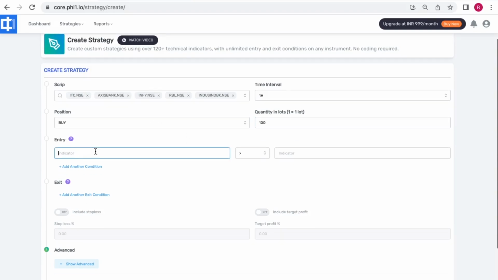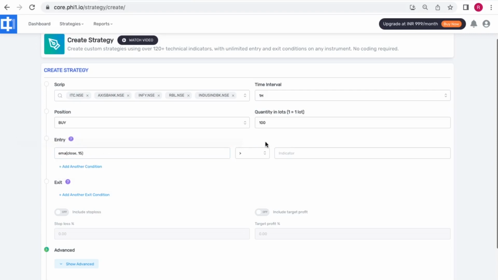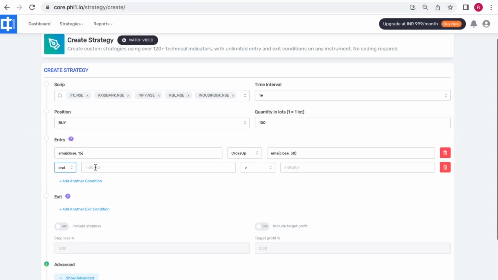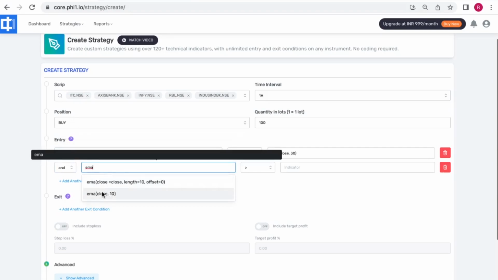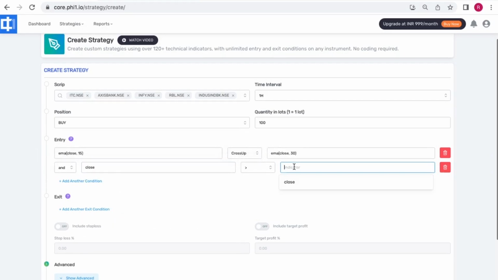Our entry condition is the EMA bullish cross, which is the short term, that is the 15 period EMA, crosses above the 30 period EMA and confirmed by the closing price being greater than the 200 period EMA.